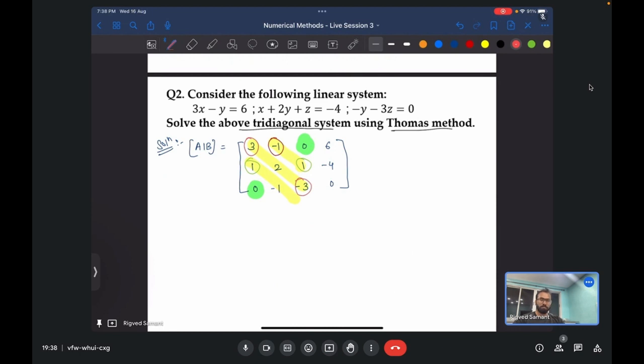So this kind of system is called a tridiagonal system.